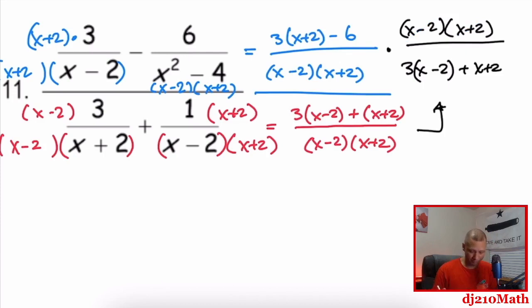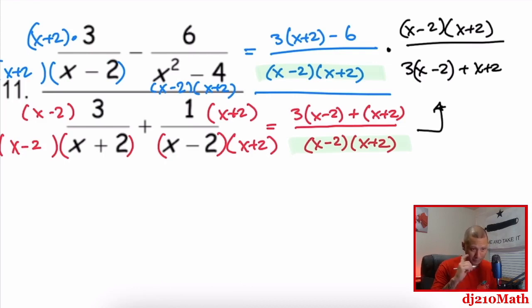Before we even did that, when you have a compound fraction, a fraction in the numerator and a fraction in the denominator, which we do, if you notice right away that both the denominators match, you can cancel out the denominators. The denominator in the top matches the denominator in the bottom, so they could just cancel.